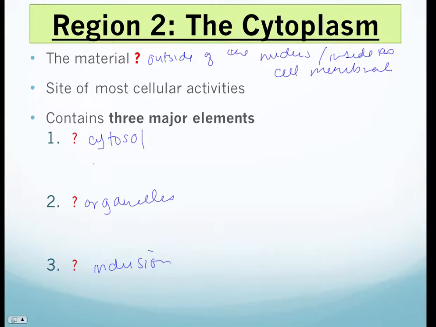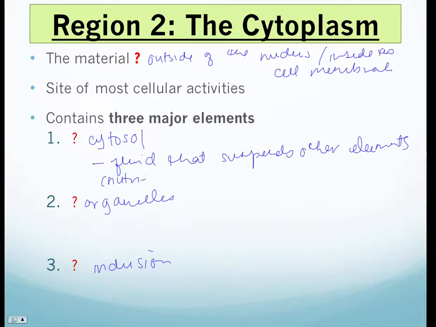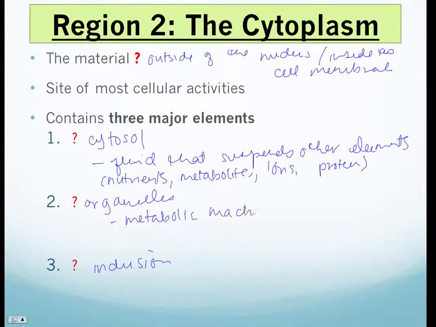So cytosol, it's a fluid that suspends other elements. It contains the nutrients, metabolites, ions, and proteins. Organelles, these are the metabolic machinery of the cell.